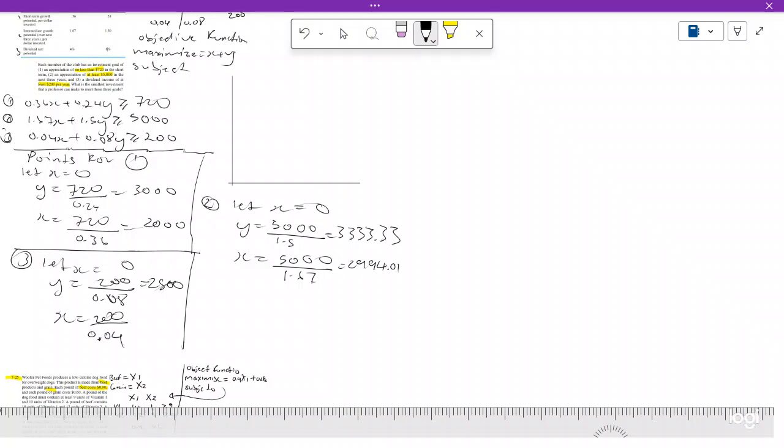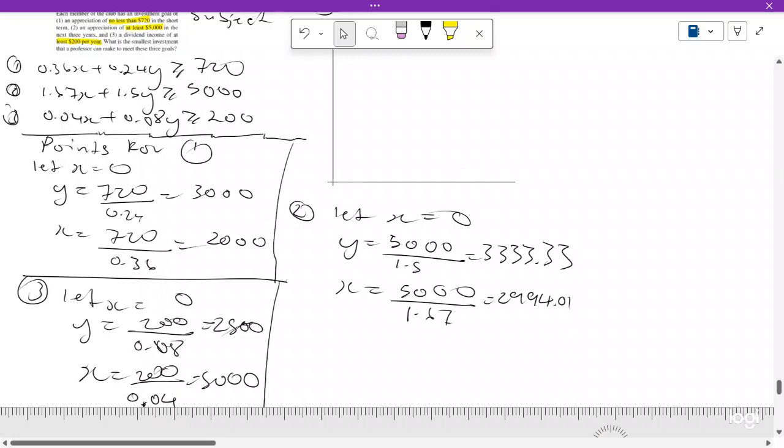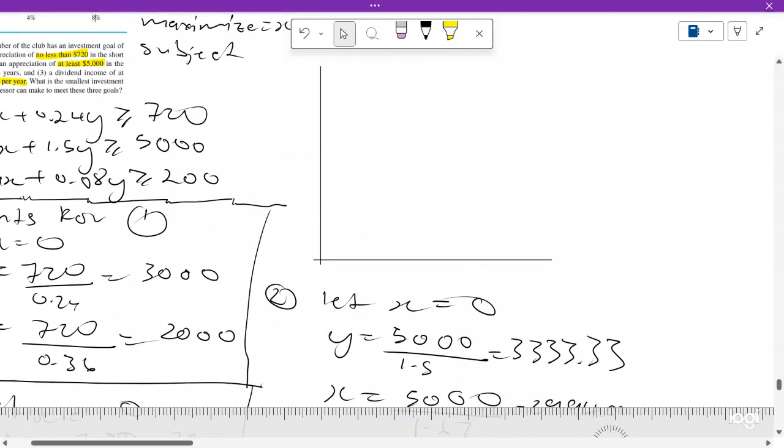So now, the first intersection point happens between line 3 and 2. So we solve line 3 and 2. Then after that we're going to solve line 1 and 3.